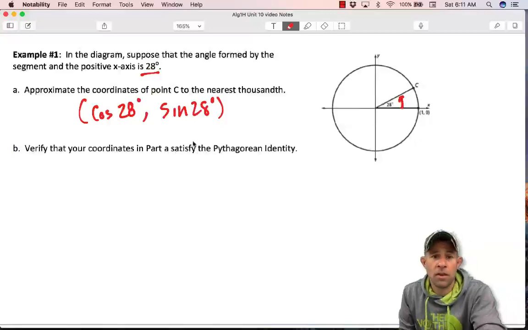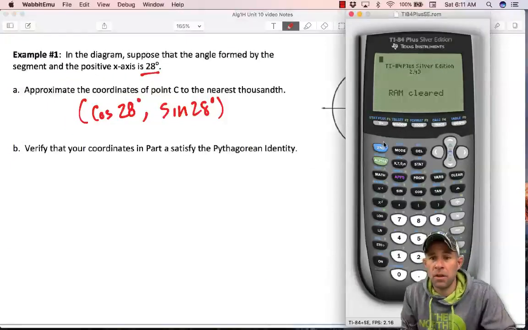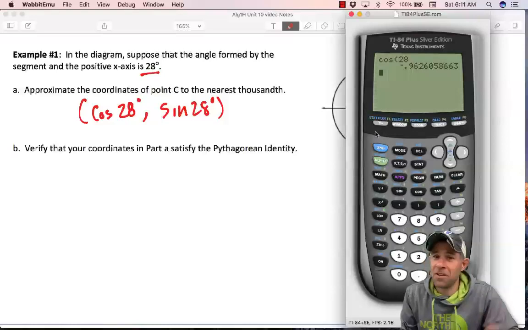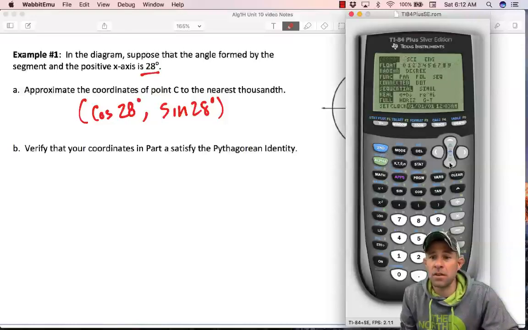So using our graphing calculators, we will tap in cosine of 28. Now here's a very important thing I just remembered as I typed in cosine 28. On your graphing calculator, we do need to make sure that our mode is set to degree. So come down here to the third line, over to degree, and go ahead and press enter.